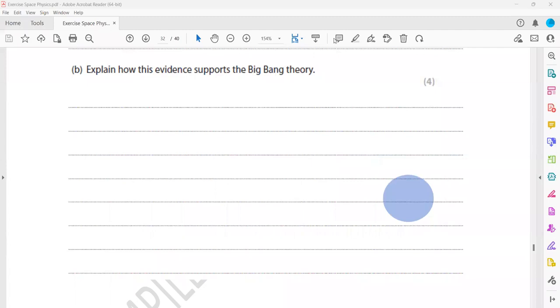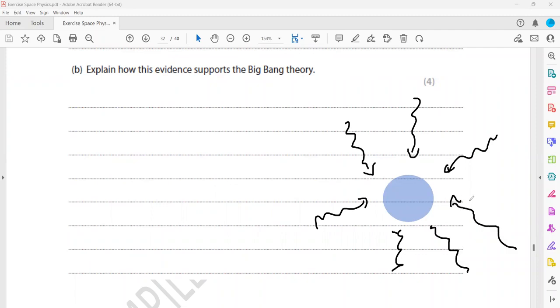The amount of cosmic background radiation which we receive from different parts is almost the same. That is one thing. And the wavelength which we receive from this cosmic microwave background radiation appears to be longer. So it shows that the sources responsible for the background radiation are moving away from us. That's why we receive this on Earth.